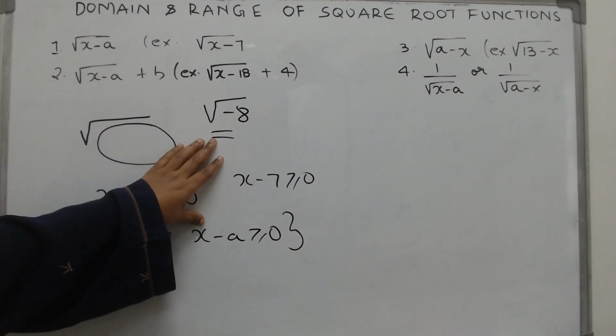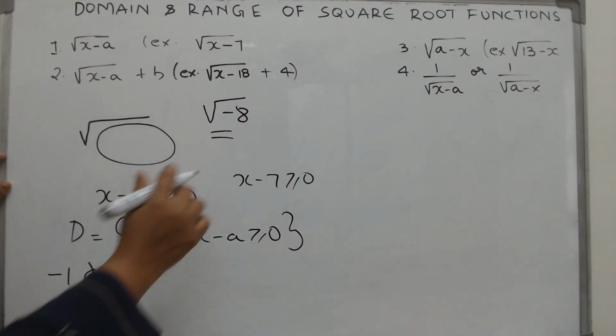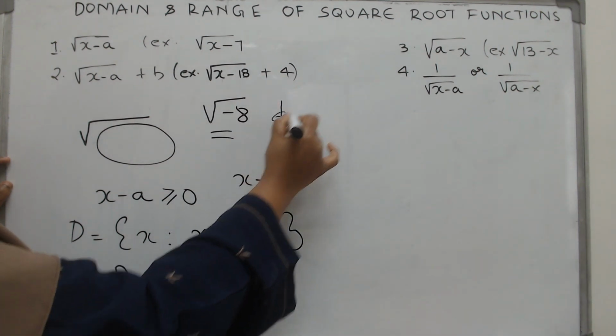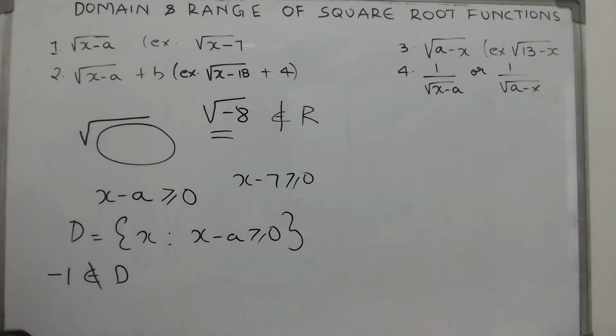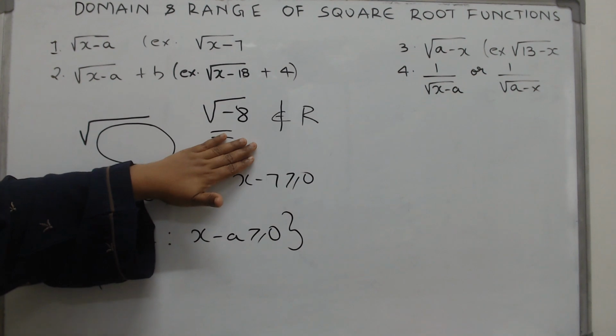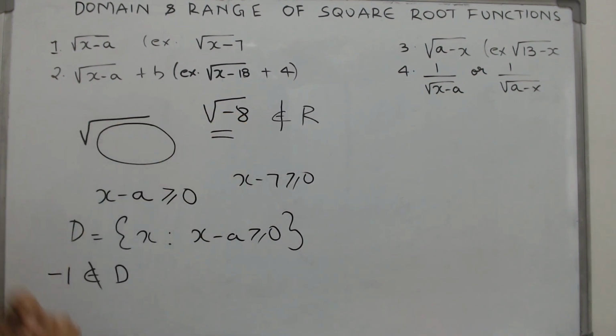Now, why is the square root of minus 8 a problem? Are we doing anything illegal? Of course not. What we have is that the square root of a negative number is not a real number. It lives in an imaginary world. This becomes a complex number. We have a problem there.